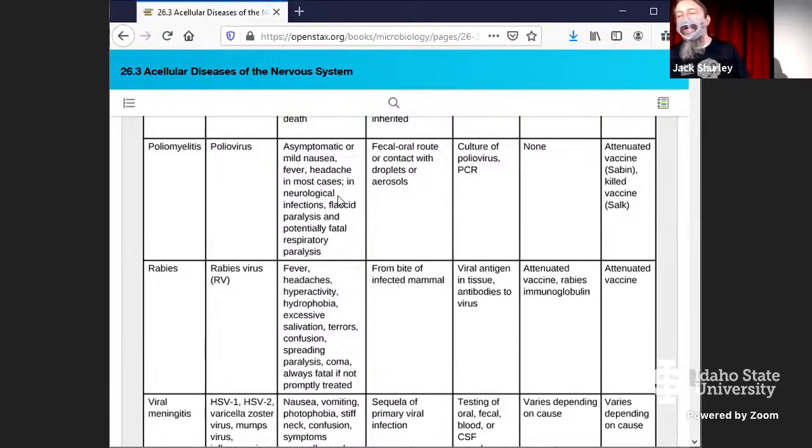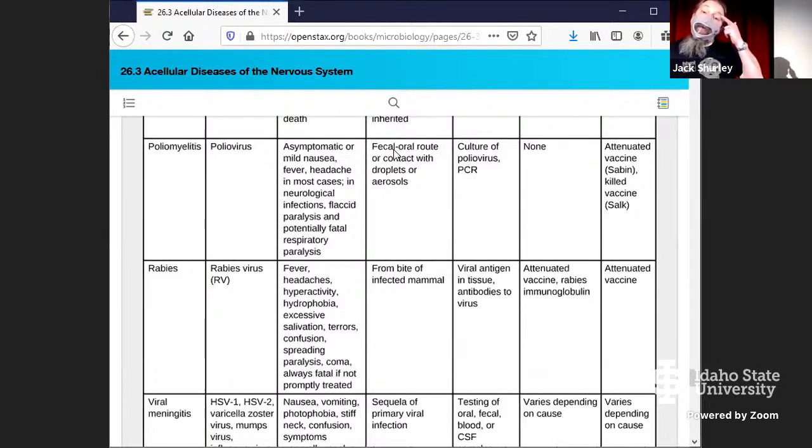But then the other issues with the neurological impacts, there's paralysis, potential fatal respiratory paralysis, and hence the need to basically survive in that iron lung. There are some advances with some of that stuff where it's now not the same iron lung. There are a few that are still using that, but not so much.